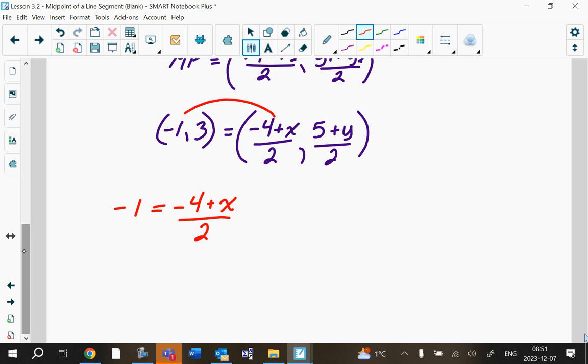Multiply both sides by 2. It's a fraction. We don't like fractions. We want to get rid of them. So let's multiply this whole thing by 2 to cancel these out. But if I multiply the right side by 2, what do I have to do to the left side? Multiply by 2, yes.